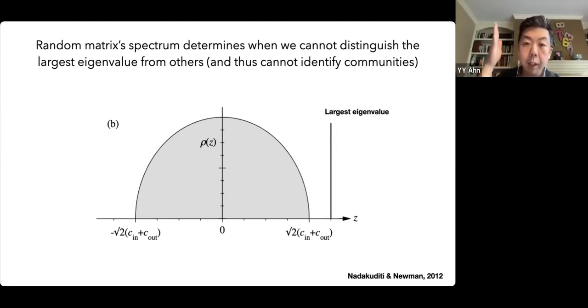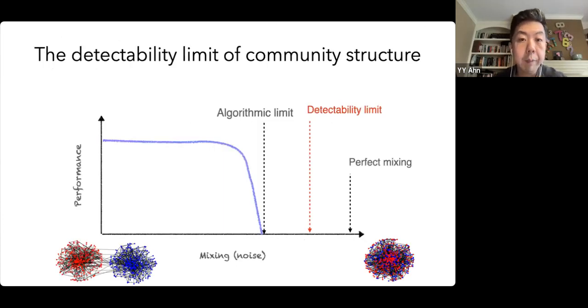But if the largest eigenvalue that represents the community structure touches this semicircle, then we cannot distinguish communities from fluctuation. That's why we have a detectability limit. Even before we arrive at perfect mixing, we still have some community structure, but it's impossible to find based on the data we have.